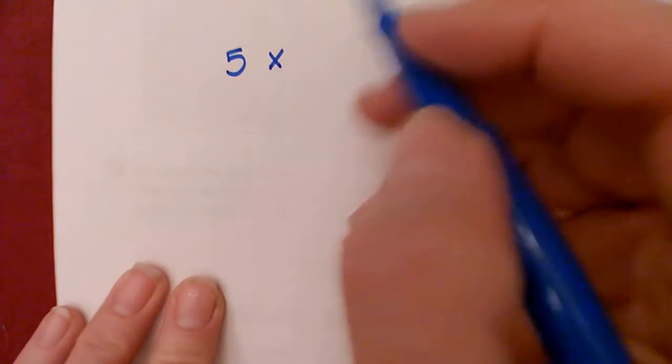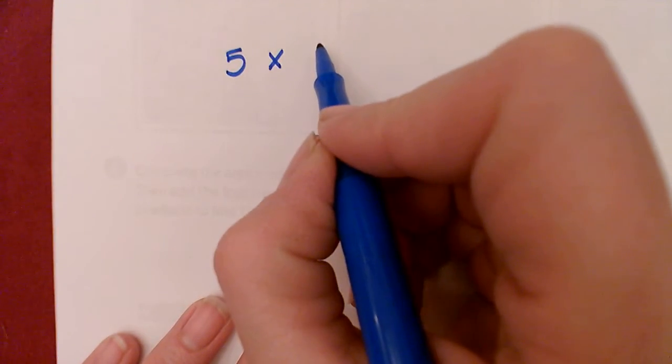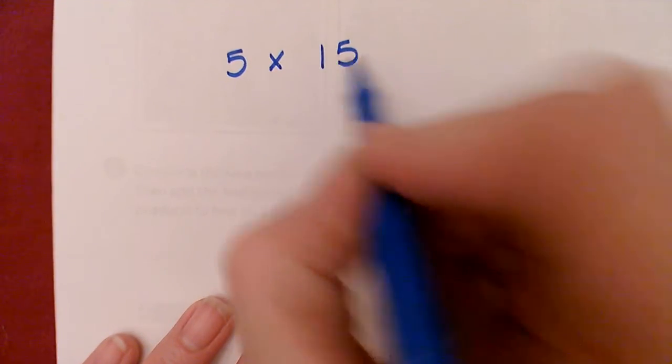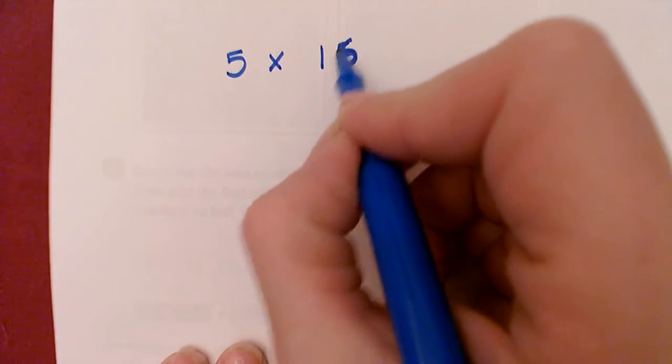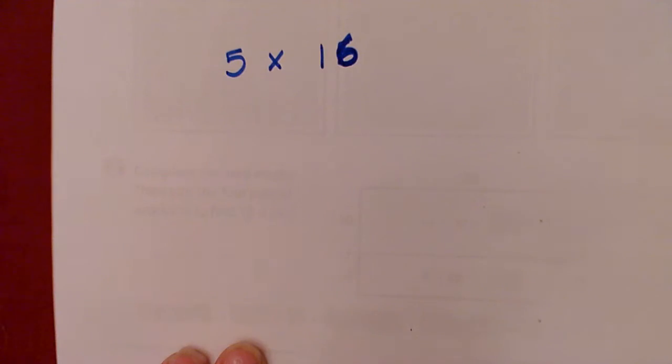Let's go ahead and let's say that I wanted to model, let's do 5 times, I don't know, 15. Or let's not do 15, let's do 16. So 5 times 16.